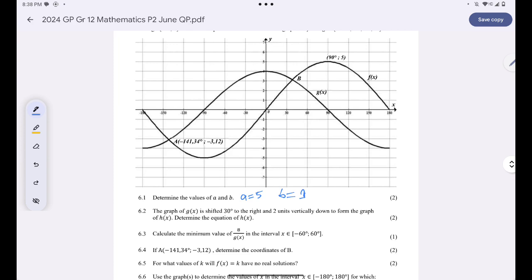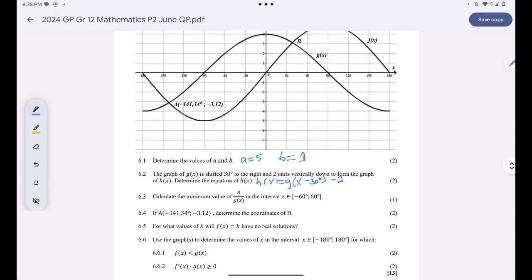Okay, the graph of g is shifted 30 units to the right, and 2 units vertically downwards to form the graph of h. So basically they say that for us to get h, we must say g of x minus 30 degrees, minus 2. 30 units to the right simply means you need to subtract 30 from x, and then vertically downwards you need to subtract 2.